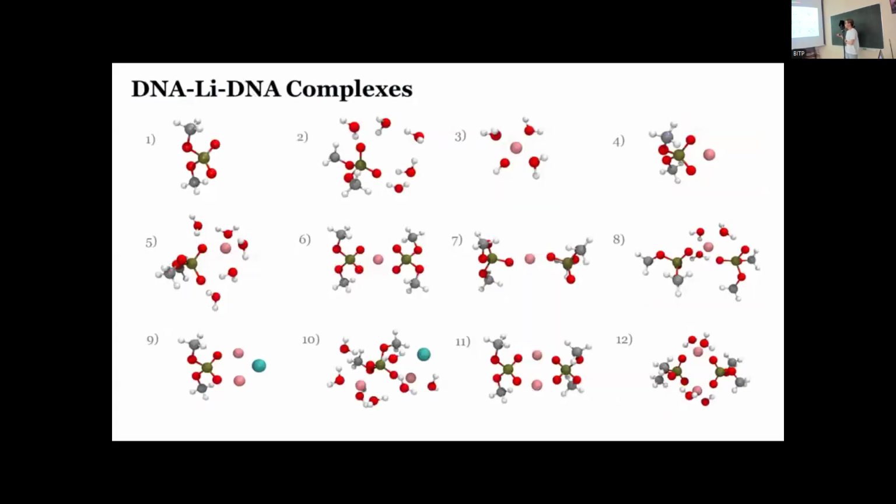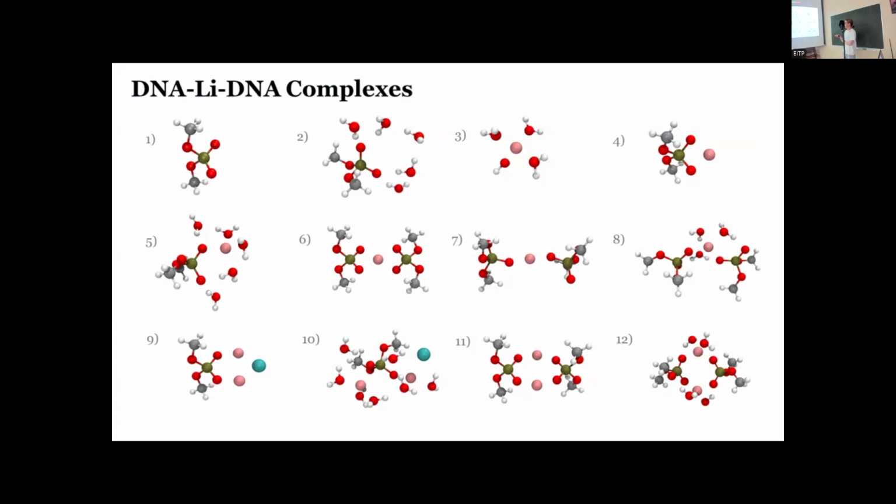To go deeper into these molecular-level interactions and see how stable the observed complexes are, we also performed DFT calculations for a series of different complexes.